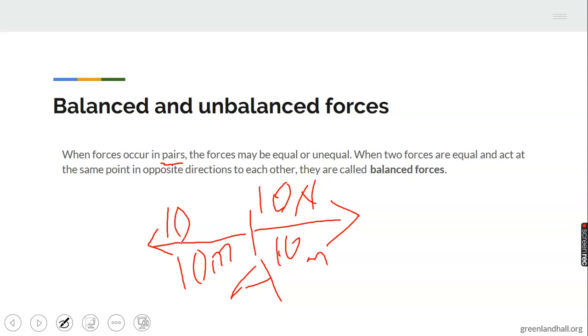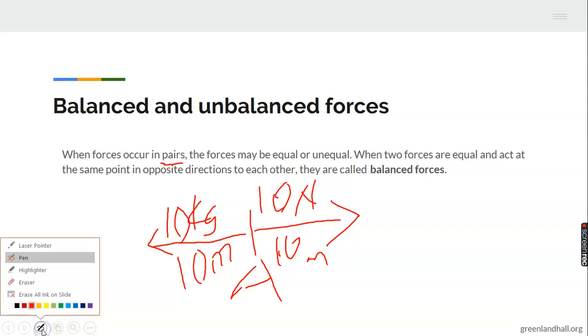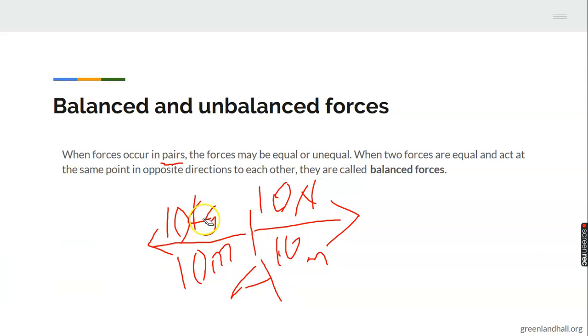Oh, sorry, 10 kilogram. We are talking of weights. So weights will be what? That's mg, mass times gravity. Their weight will be what, please? That will be in Newtons.